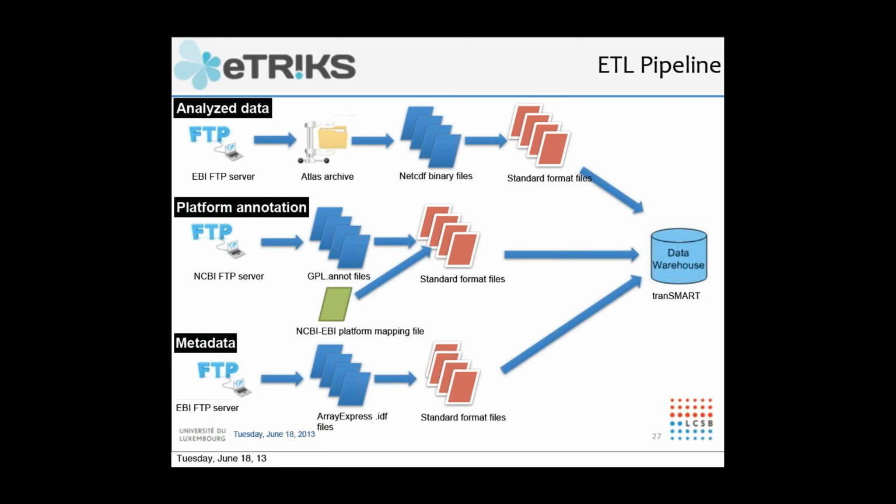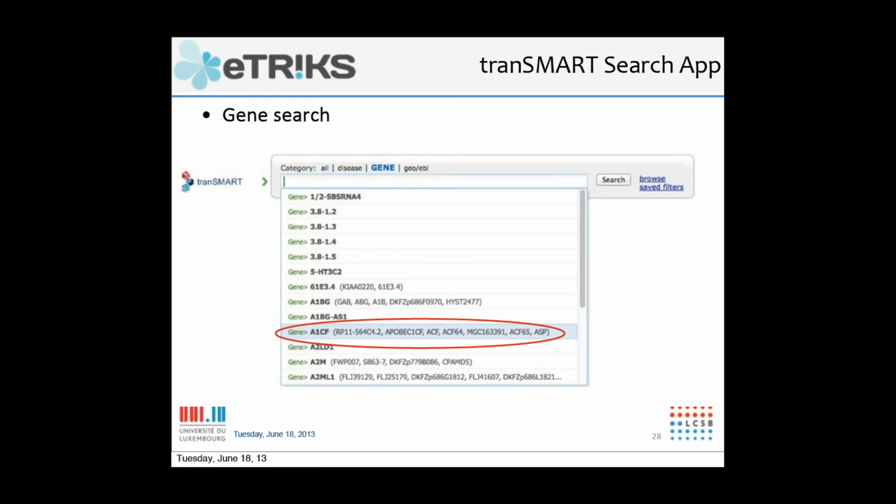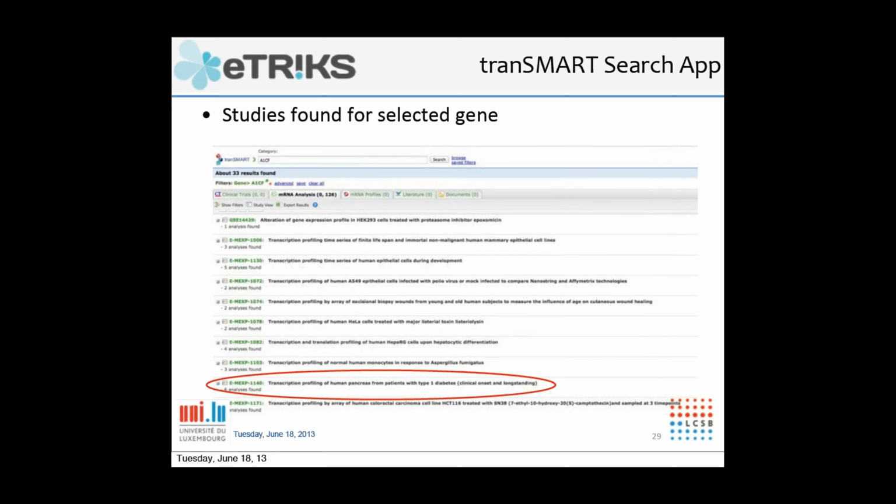So now we have all the files loaded into the system. Now, as I said, this is the user interface. You can do searches based on the study ID, GEO or ArrayExpress ID, or gene or diseases. Let's take a gene now, and it will list the studies that are relevant to the selected gene.